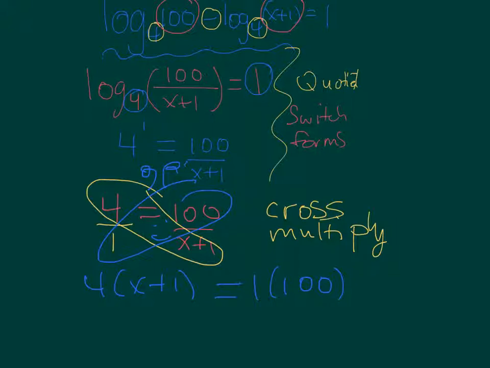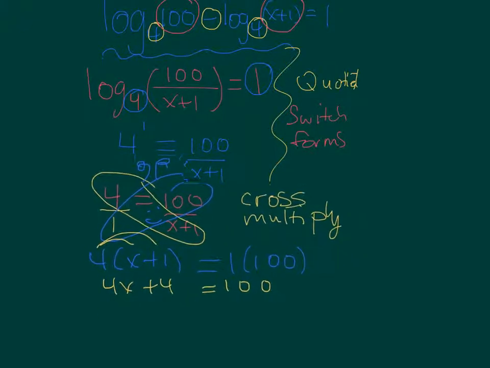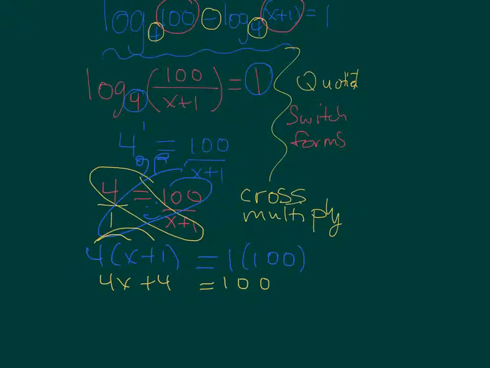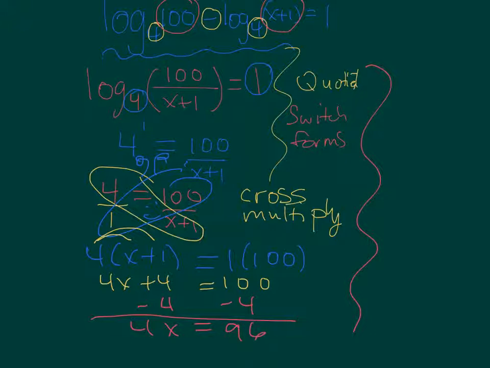All right, I just have a simple algebra multi-step equation, so I'm going to distribute the 4. 4x plus 4 is equal to 1 times 100 is 100. Subtracting 4 on both sides, I'm going to have 4x is equal to 96.